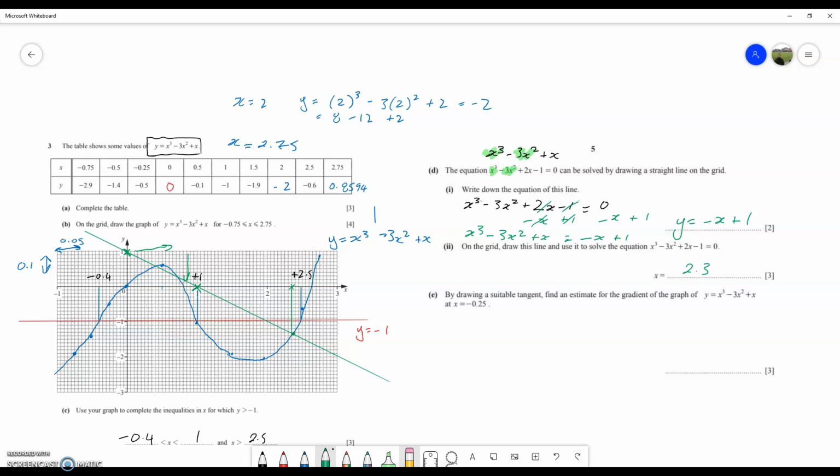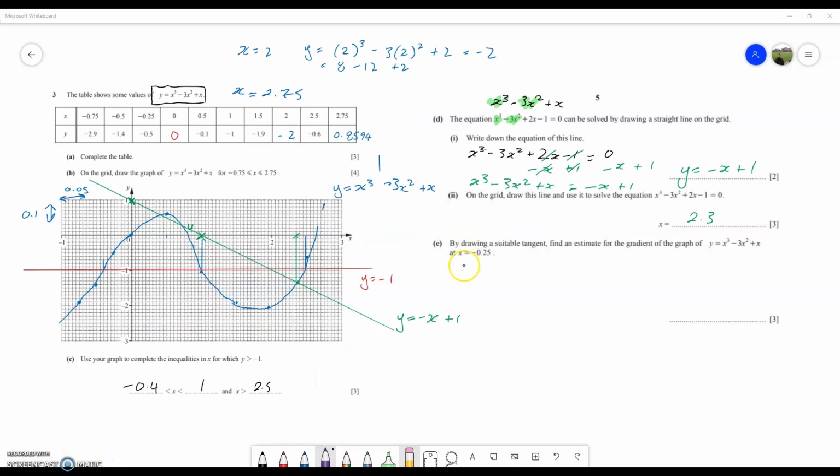Okay, and then the last question, probably a good idea to label this as well, in case we make a mistake, we may still get some marks. Then with E, draw a suitable tangent to find an estimate of the gradient of the graph, which was our original function, at x is equal to minus 0.25.